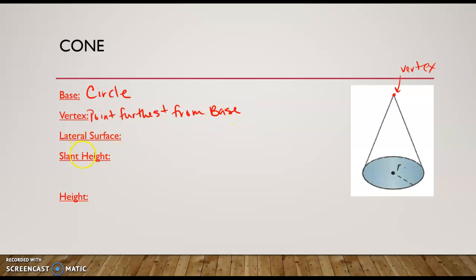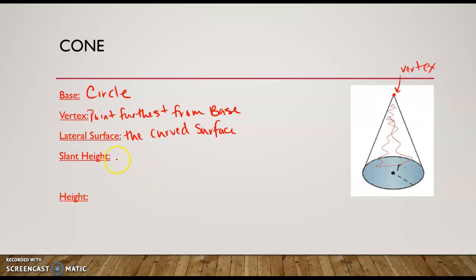Alright, and then we have a lateral surface, and this is going to be our curved surface. So that would be, lateral surface is basically all of the cone piece of it.